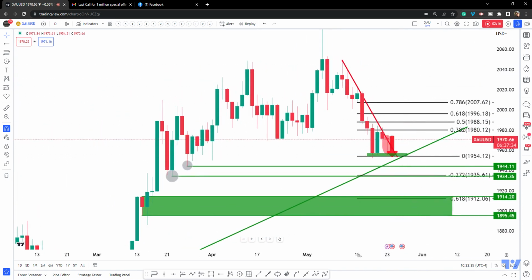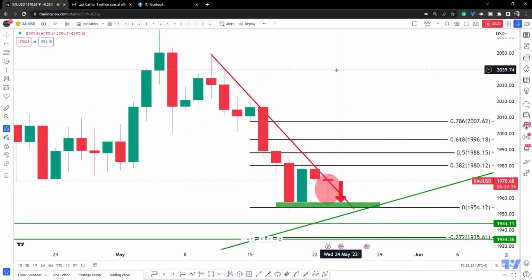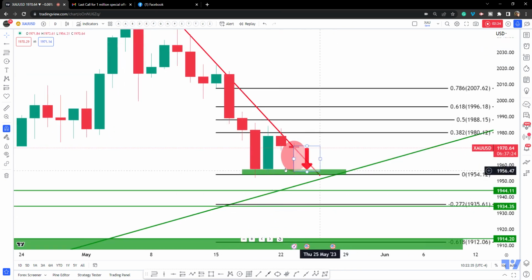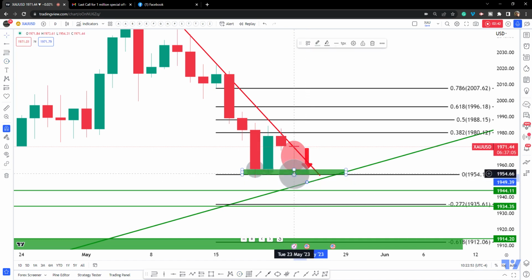and this area would be regarded as a solid support area. We'll have one, two, three days of support here.